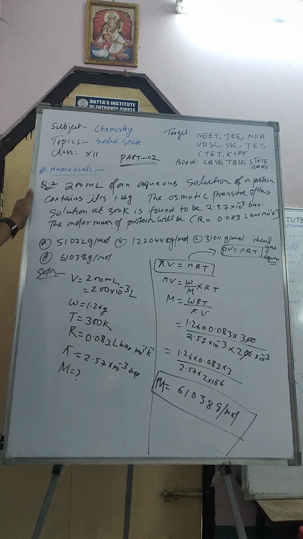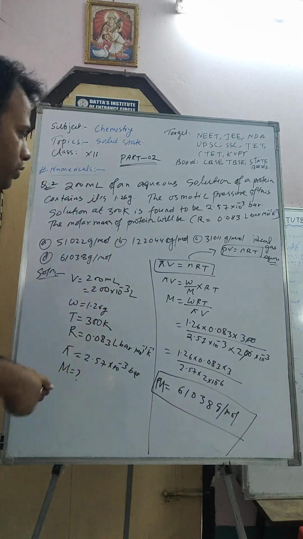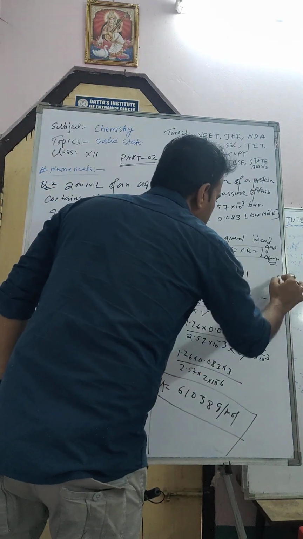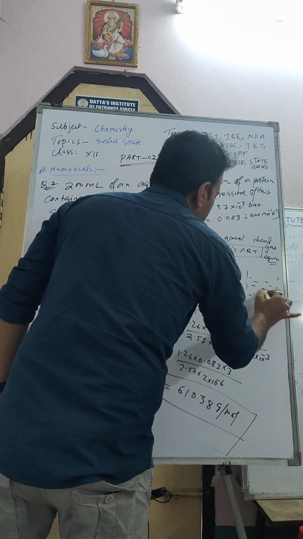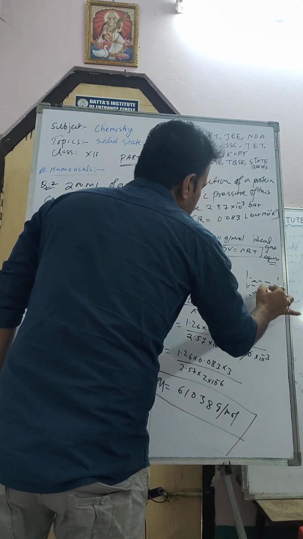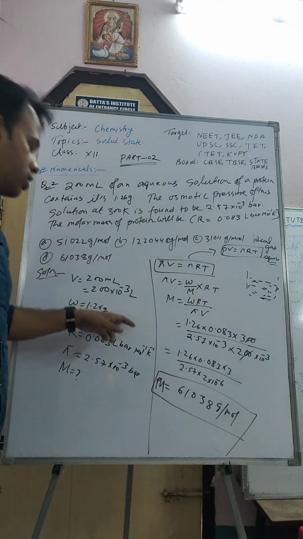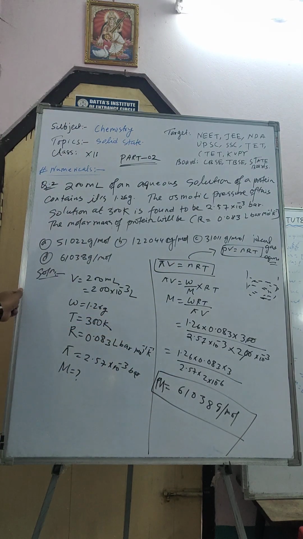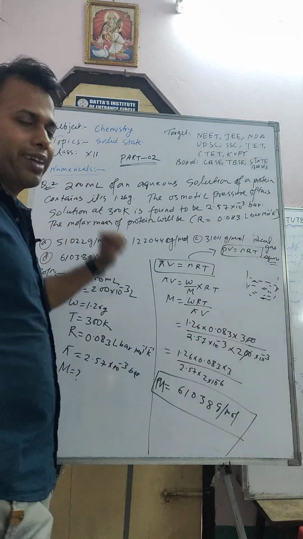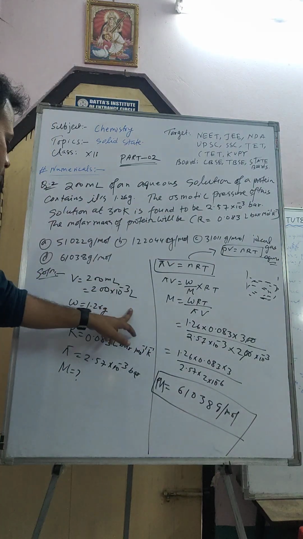The question is like that: 200 ml of an aqueous solution of a protein contains 1.26 gram. That means there is a protein solution in a container. In the protein solution, the protein is 1.26 gram, and the volume of the solution is 200 ml, which I converted to liter.